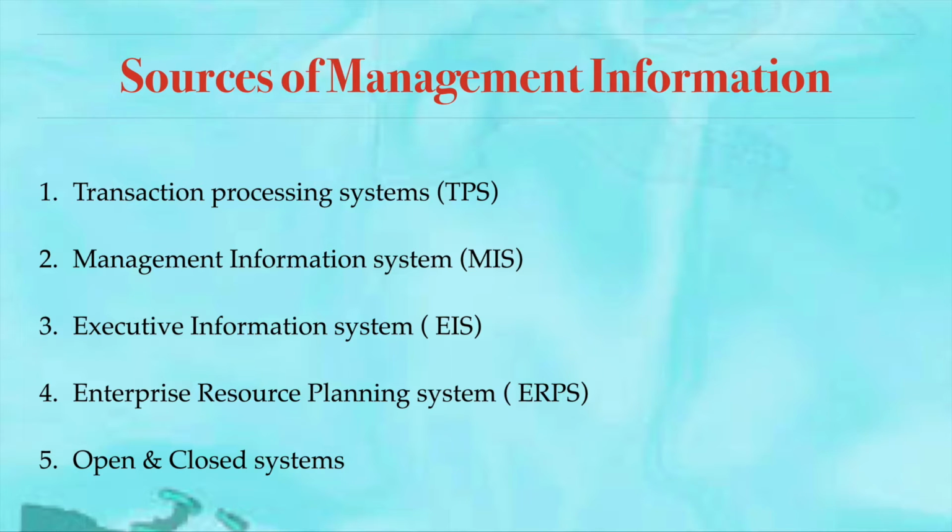The fifth one here is open and closed systems. Open systems are systems that can respond to changes external to the company. Whereas a closed system means certain rules and regulations which are fixed for employees, or the laborers working in the organization.